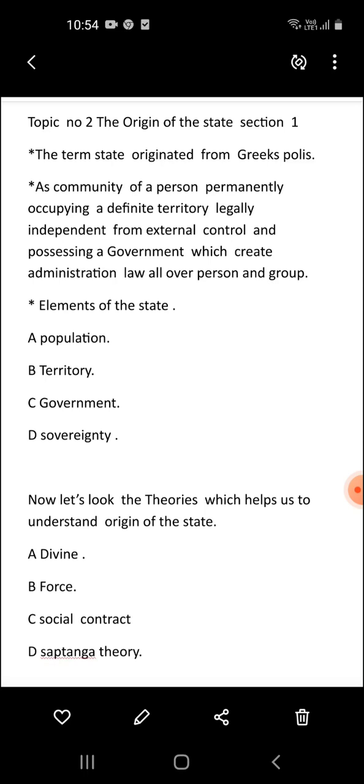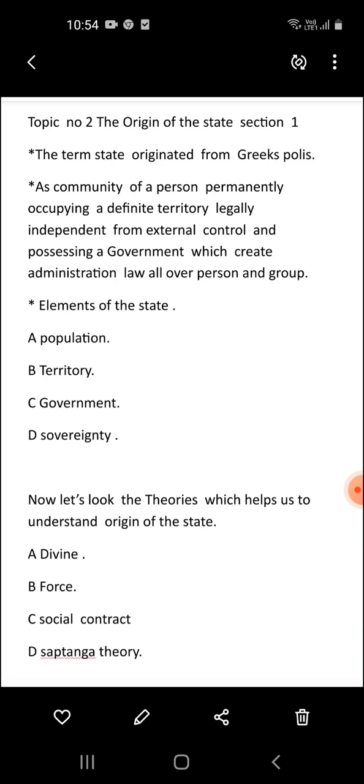Basically, the state is a community of people who occupy a certain territory to live their life, which is legally independent from external control, and it has its own political institution to enforce the rules, regulations, and laws on a person and the group.